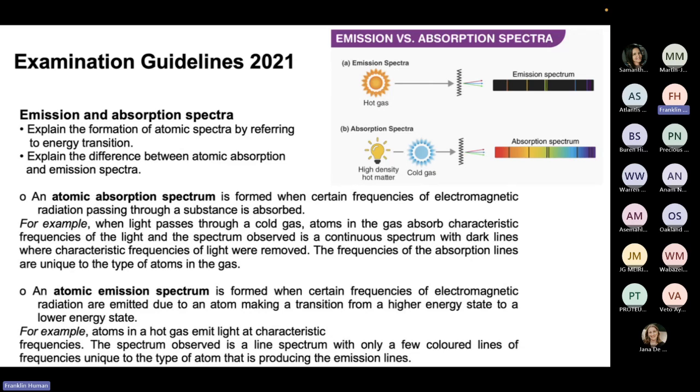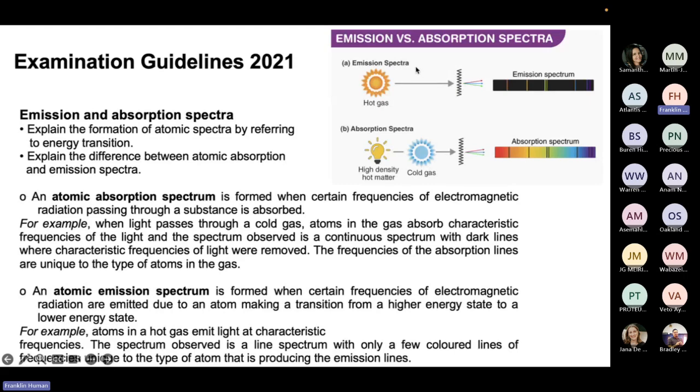The spectrum observed is a line spectrum with only a few colored lines of frequencies unique to the type of atom that is producing the emission lines. So now we are talking about image A in this diagram on the side.